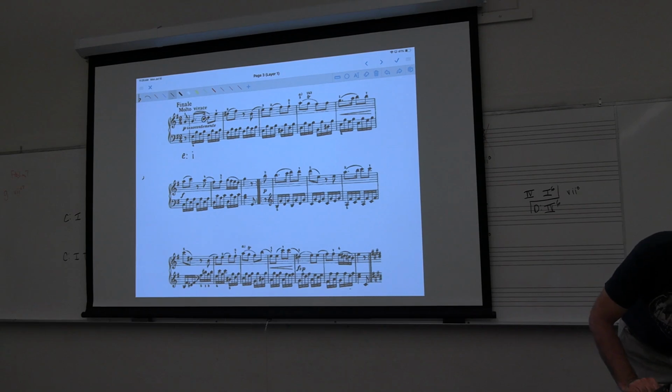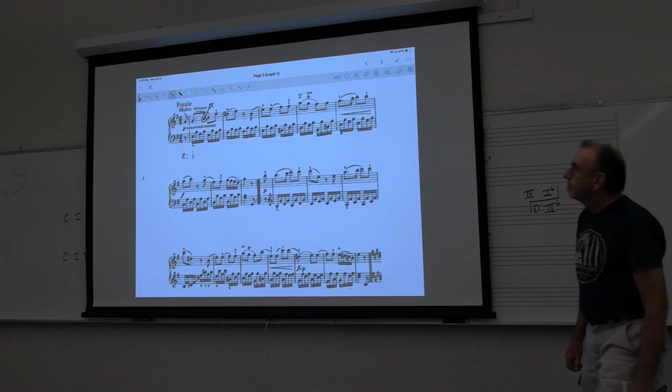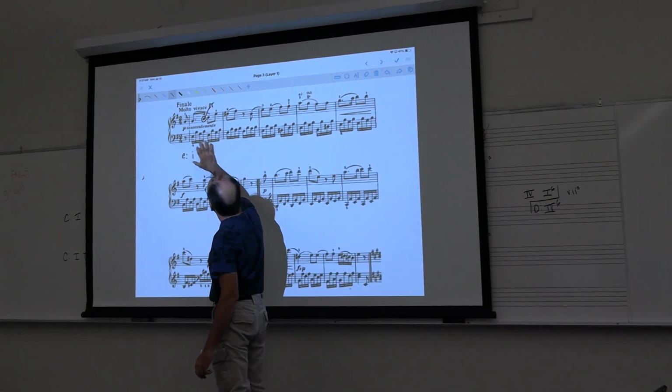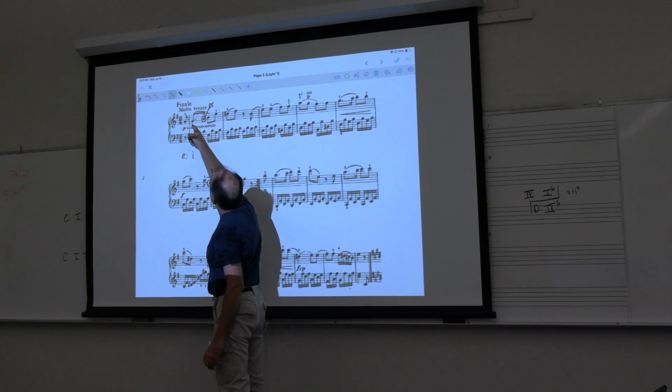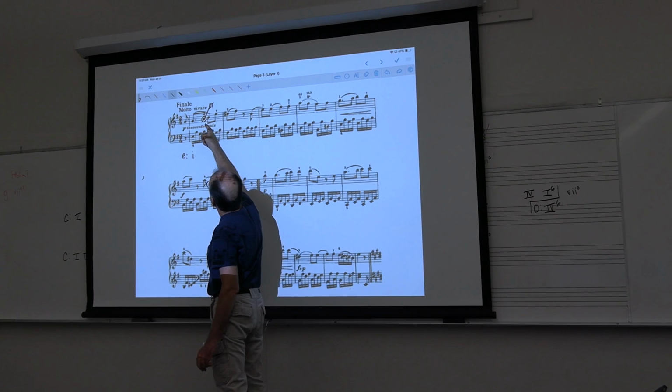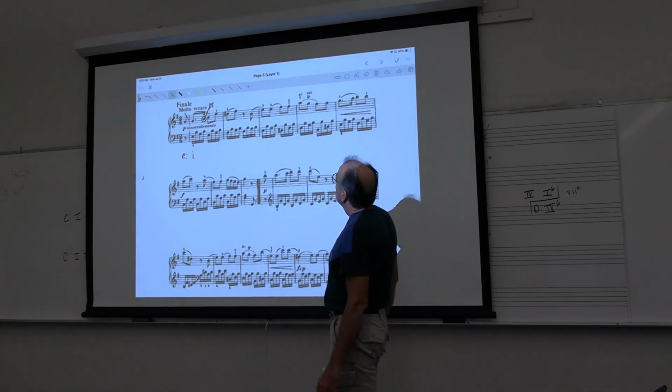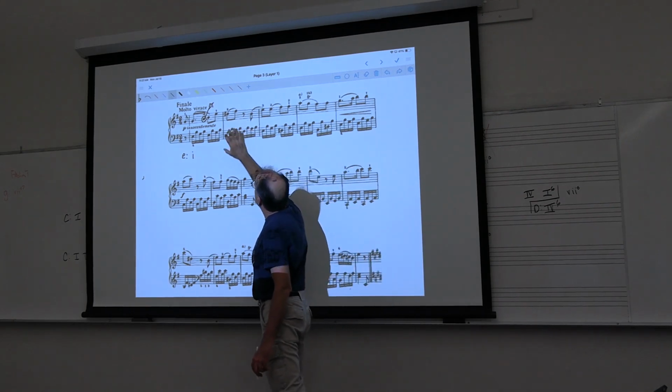Just the A, which is a passing tone. Otherwise, everything else in the left hand of the piano is all E minor triad stuff. The G, the B, and the A are all part of the E minor triad. It's only the A that's the non-chord tone.